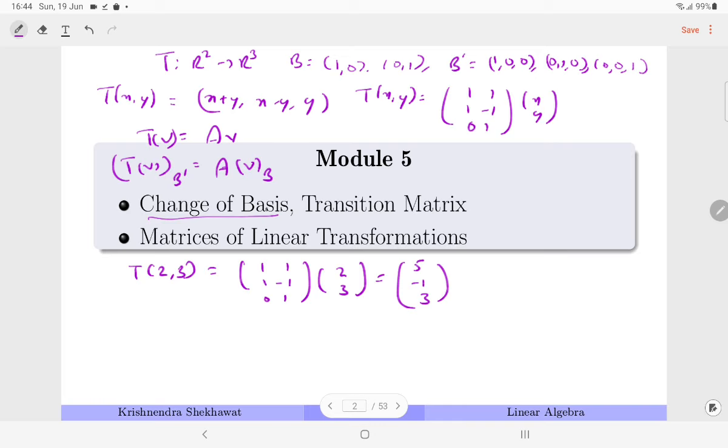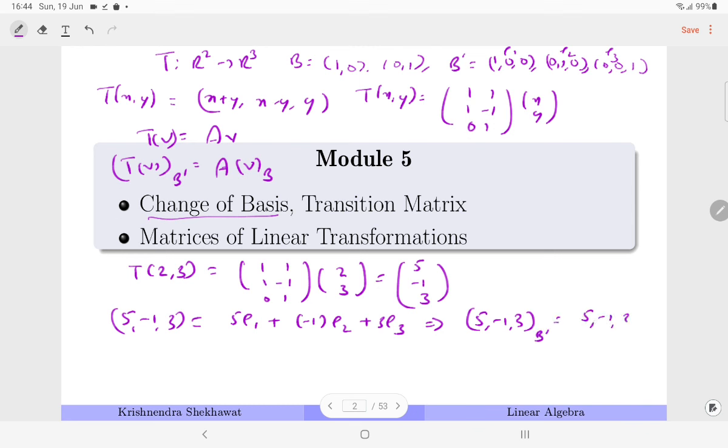Now on the left hand side, you can write (5, -1, 3) as a linear combination of the basis vectors of B dash, which is 5 e1 plus (-1) e2 plus 3 e3, which means that in the case of the standard basis, the coordinates of (5, -1, 3) with respect to B dash is (5, -1, 3) only, and similarly the coordinates of (2, 3) with respect to basis B is (2, 3).